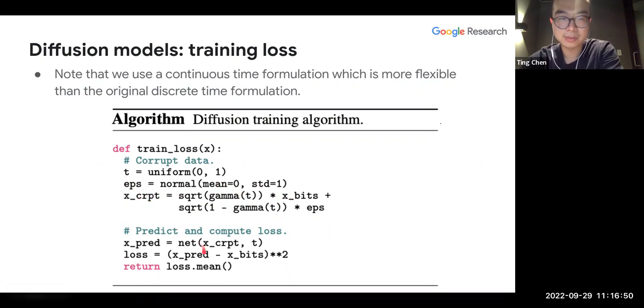Now you take this noisy state as input, along with the time step t, to the denoising network, which estimates the original clean data. Because it's an estimation, you want it to be as close to the original data as possible. So this output should match the original data X. This loss would be the L2 regression loss. That's all there is to the diffusion model training, which should hopefully be very simple.